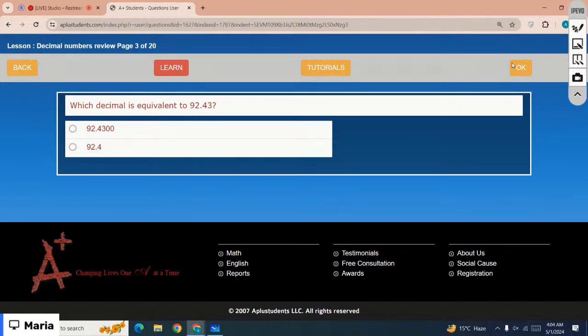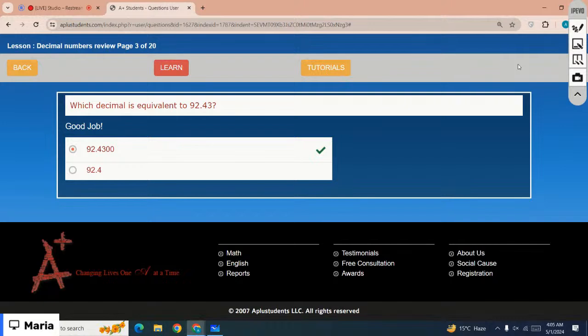The correct option is option number 1, right? You can add any number of zeros after the decimal point at the end of the digits. They have exactly the same value, right? So the correct option is option number 1.